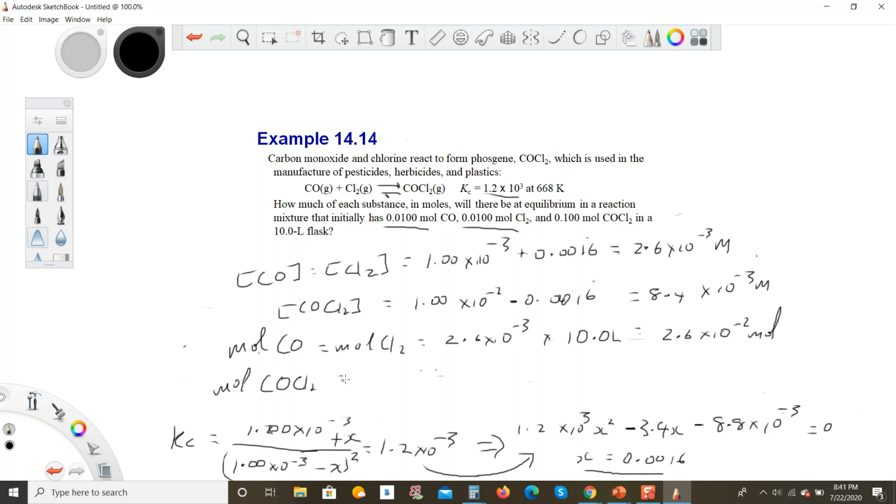That is equal to 8.4 times 10 to the minus 3 M, this should be M here by the way, times 10.0 liters. And that would be equal to 8.4 times 10 to the minus 2 moles. So these are the numbers here and here, and that is how we solve this problem.